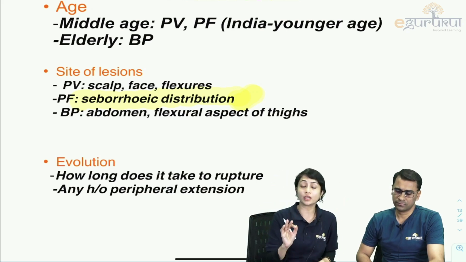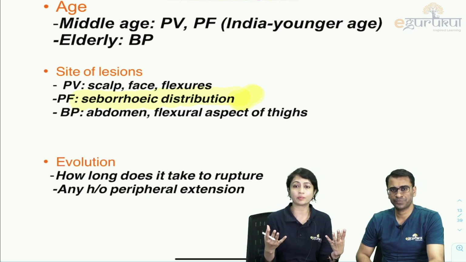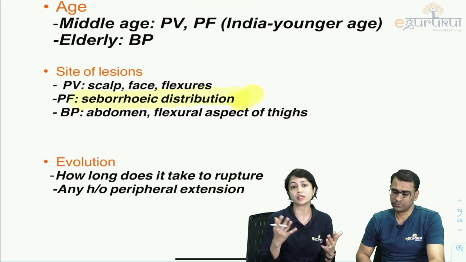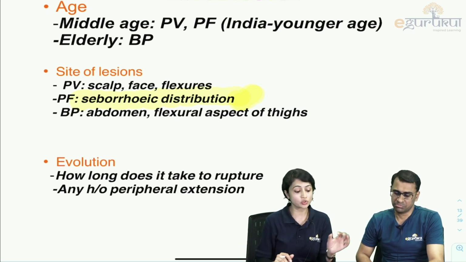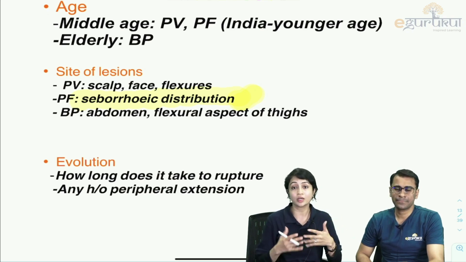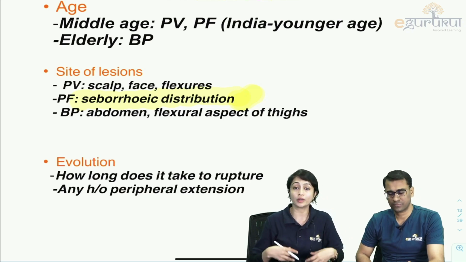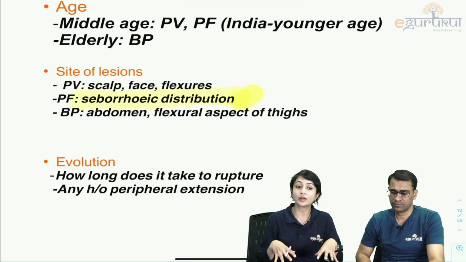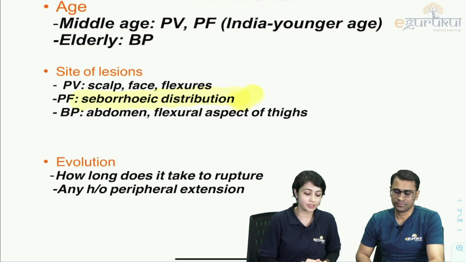Whenever they give you a patient of Pemphigus foliaceus, you will see that they give you the upper part of the body. Never have I ever seen an exam question where PF has been given on the lower parts of the body. So this is very striking. In bullous pemphigoid, you see more abdominal involvement, flexural involvement, trunk and thigh involvement, so they give you an image focusing more on these sites.